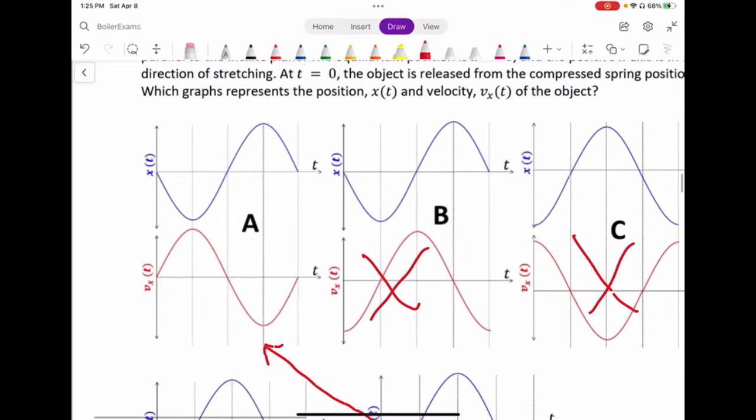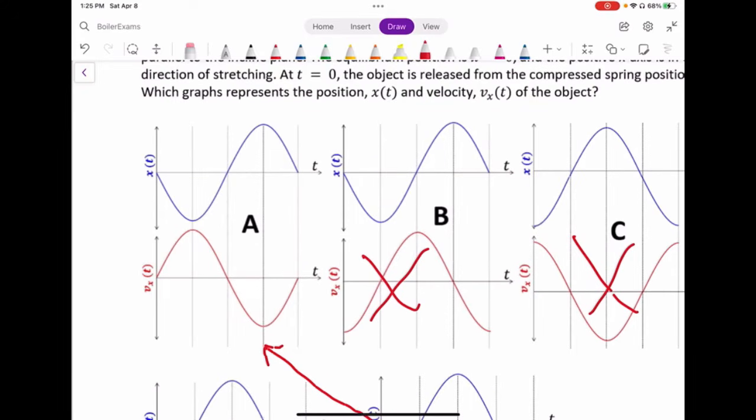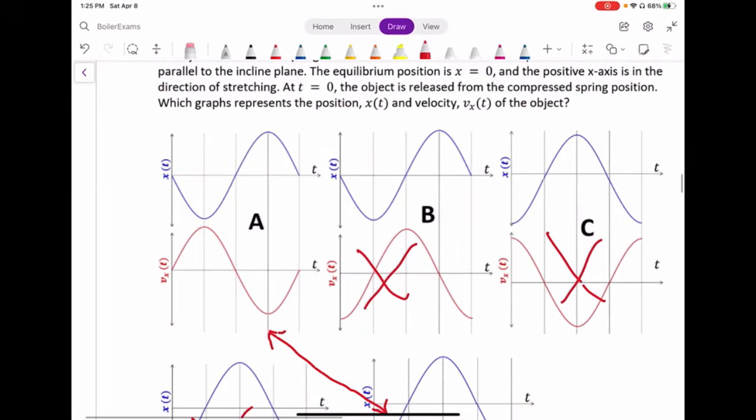Let's see what this one looks like. This first one up here really doesn't make any sense, because we're going in the positive velocity direction but moving in negative x. That doesn't really correspond. Also, we're still moving with the same direction of velocity here. We would still be moving to the right.